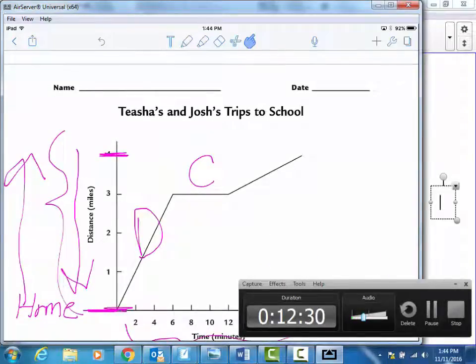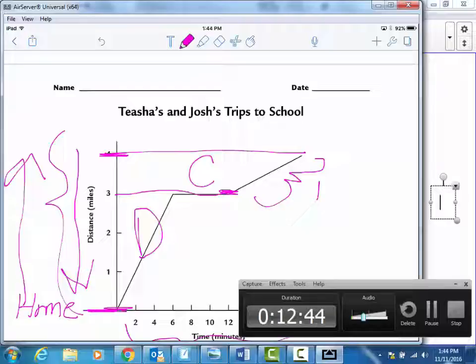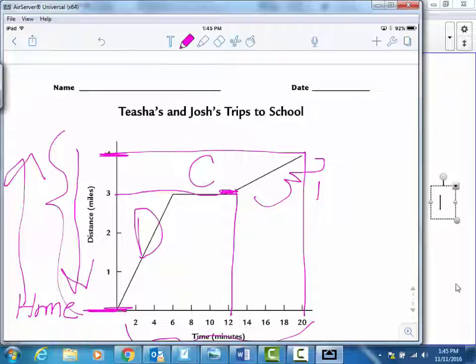Okay. And since we only have one line, I'm assuming it's here. So we're going to take a look. We go across. They start at 3. They end at 4. That's just 1 mile, right? And then we know it's 1 minute because we can go down and it's 12. We go down and it's 20. And the difference between 20 and 12 is 8. Okay, so that is what letter is that, guys? F. Okay.